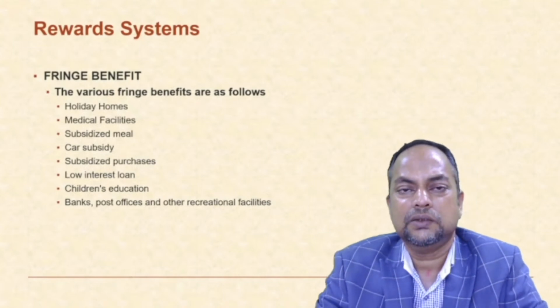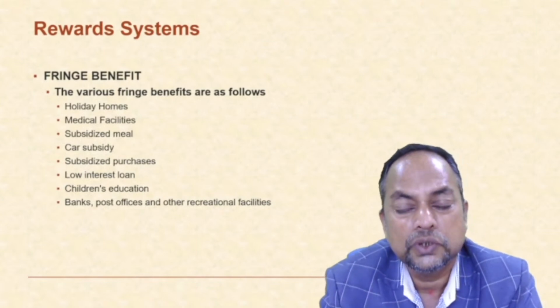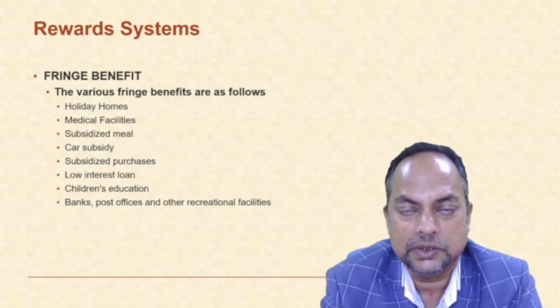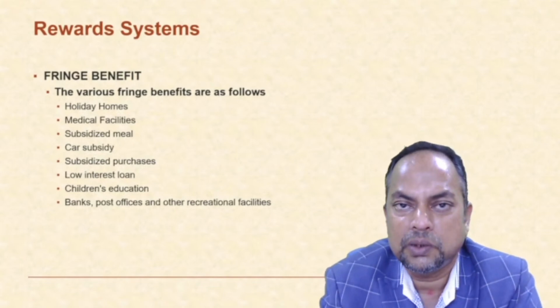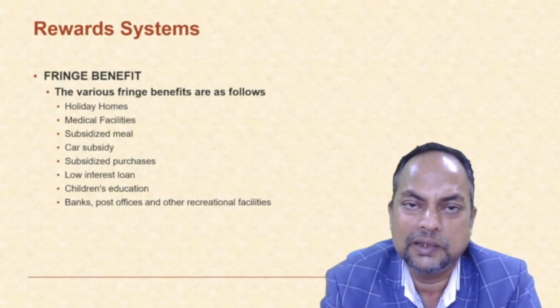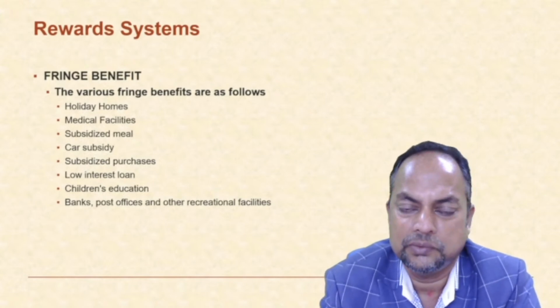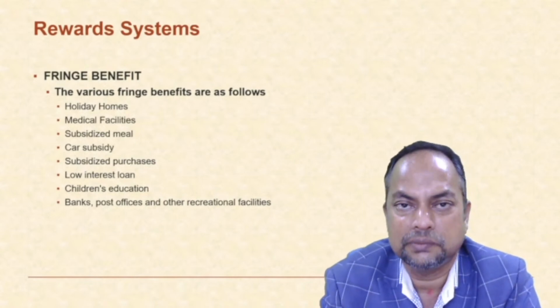So that is the reason why employees are provided with different sorts of recreational facilities. They have their own clubhouses where they can go for outdoor games, indoor games, whatever they would like to do, which will energize them and motivate them.